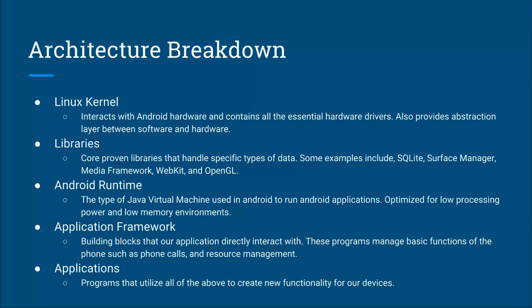So our application framework. Our application framework is building blocks that our applications directly interact with. So these programs manage basic functions of the phone, such as phone calls and resource management. So these are the tools or the blocks that we're going to grab and utilize when we are building our application. Say we want to make an application that deals with managing phone calls.